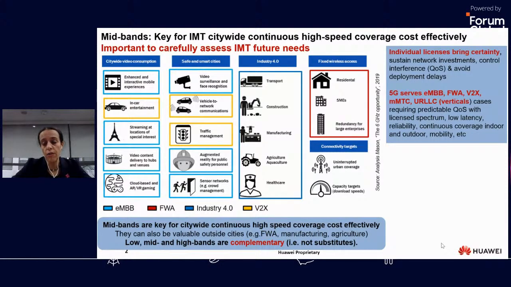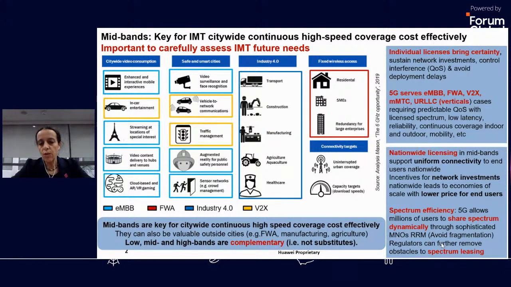This certainty is also necessary to sustain network investment, and we heard this in other speakers' interventions yesterday. For example, in order to have certainty about investing in large deployments, there needs to be some individual licenses, and we need to reduce the uncertainty about whether there will be interference and so forth. So next, please.